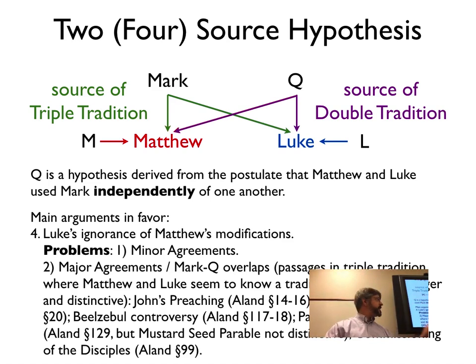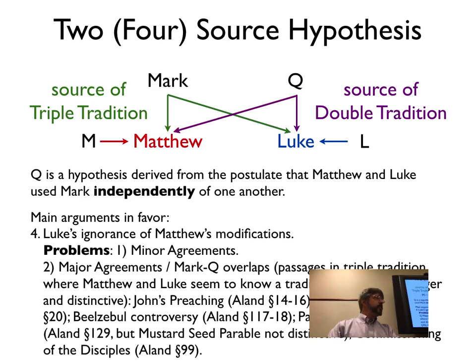In most of these cases, that is true. The parable of the leaven, however, the parable of the mustard seed is pretty much the same in all 3. So you don't get a distinctive Markan version of that like you would like if you wanted to argue for a Mark-Q overlap.